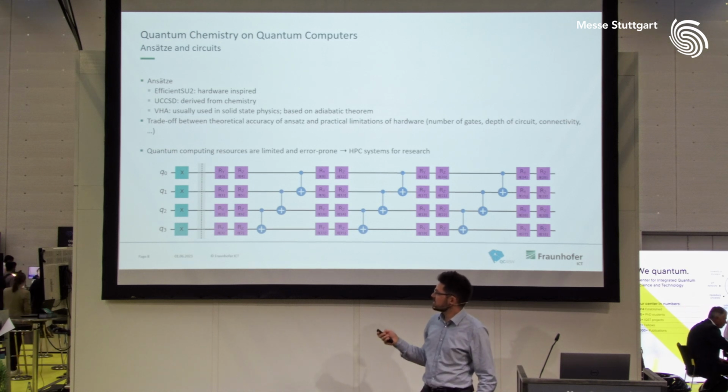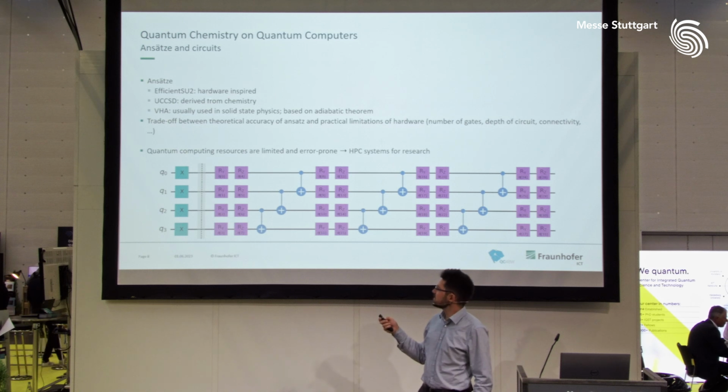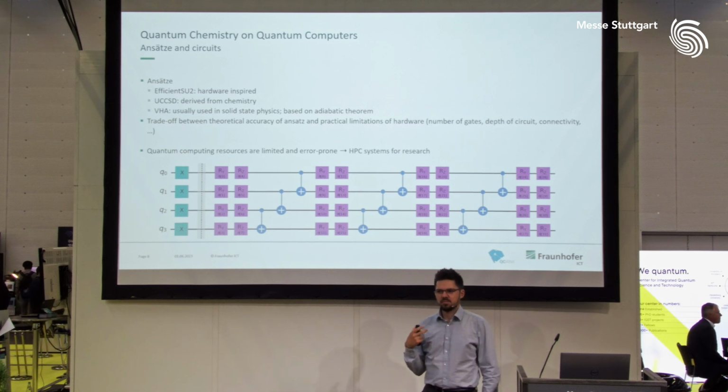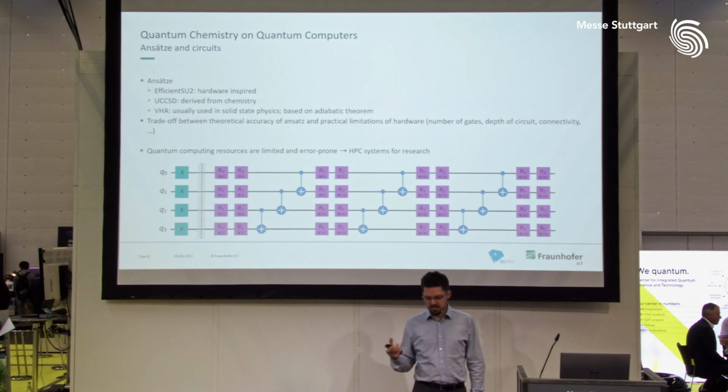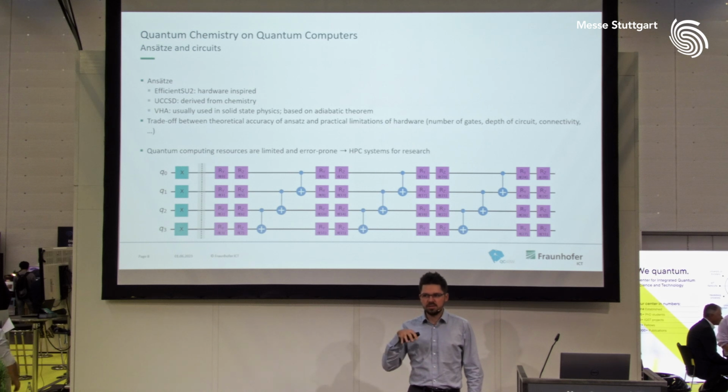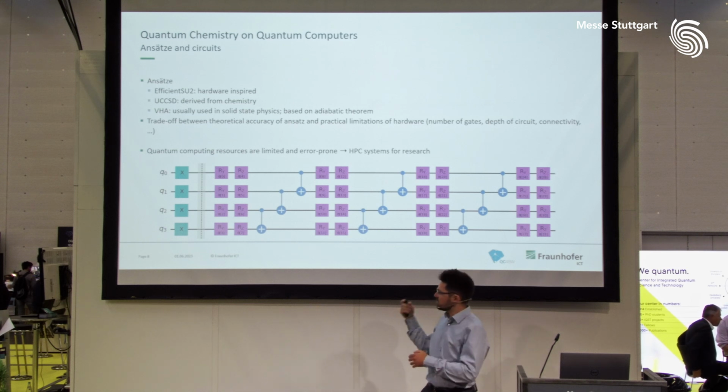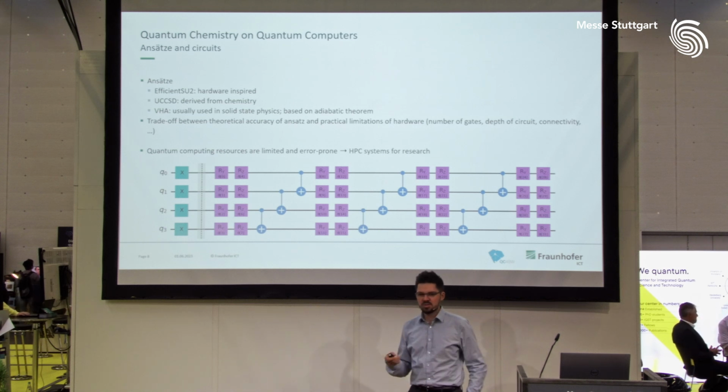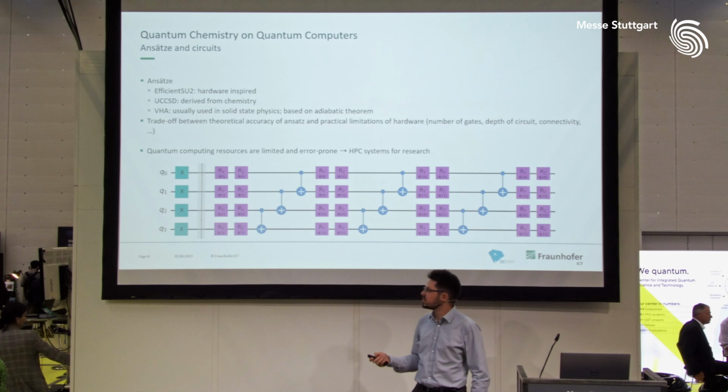This one is, as I told, the efficient SU2 ansatz. It's constructed in a way that it's suited to the quantum computer, with a very short circuit, so also usable for NISQ quantum computers.